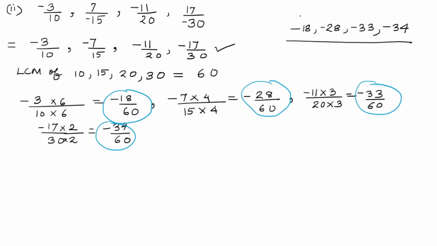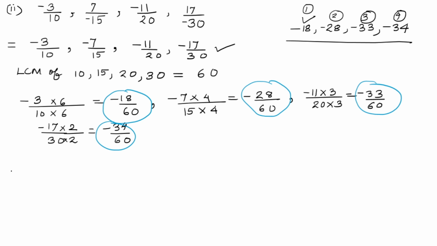So among these, minus 18 is nearer to 0, followed by 28, followed by 33, and 34 is at the end, right? So it is far away from 0.